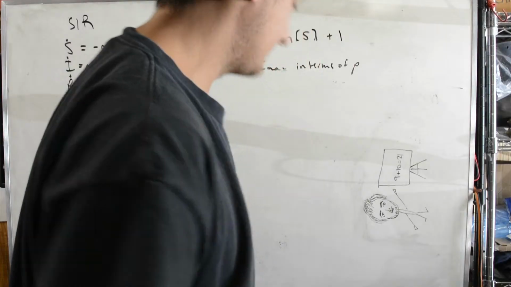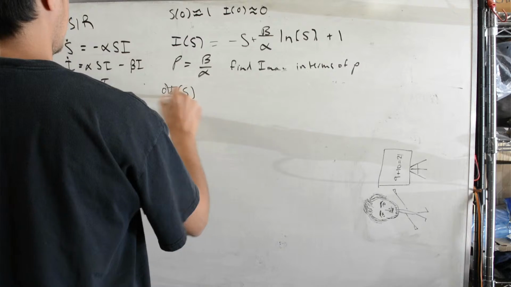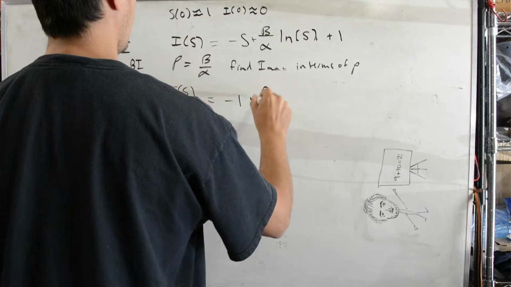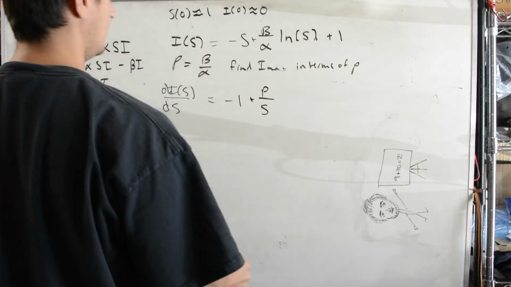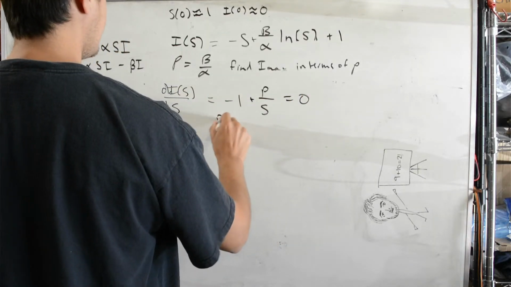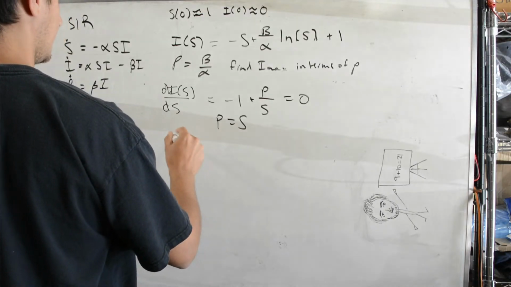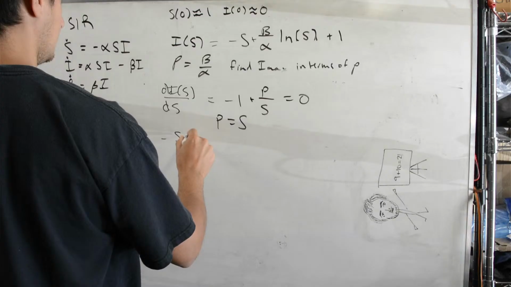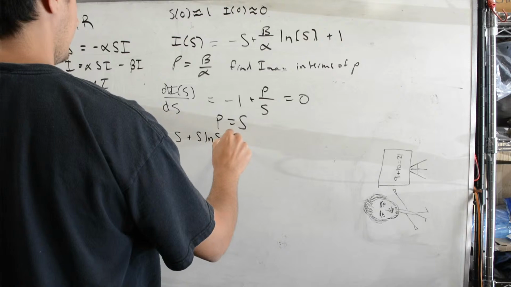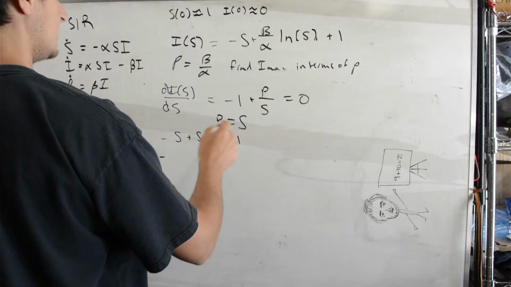Okay, so what you need to do is, because the dependent variable is S, if you take dI/dS, you get minus 1 plus rho over S, because the derivative of ln S is 1 over S. And then you set this equal to 0 to find the critical points. Then you get rho is equal to S. Okay, then if you plug that in, you're going to get minus S plus S ln S plus 1, but you want to write it in terms of rho.